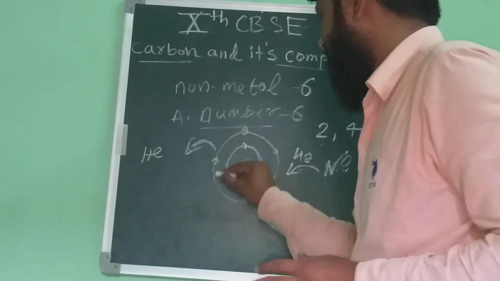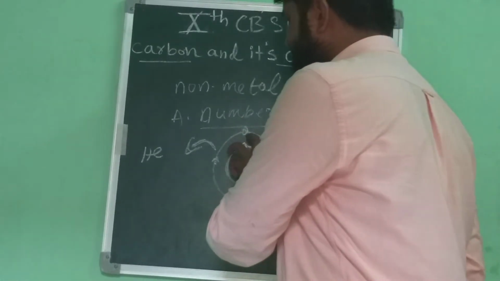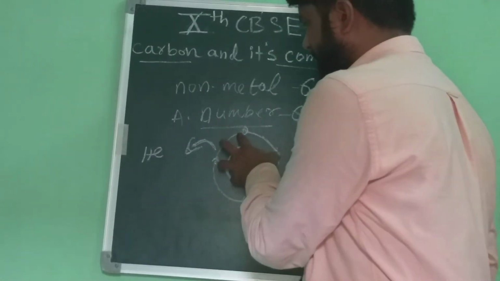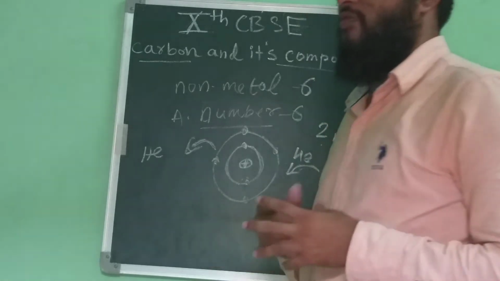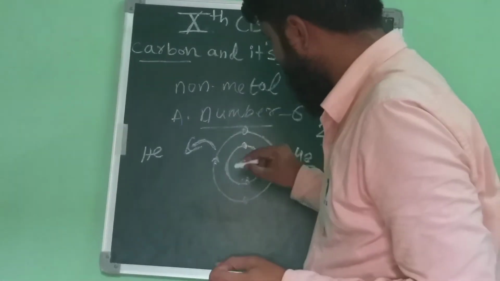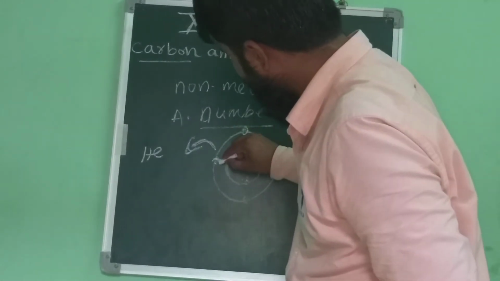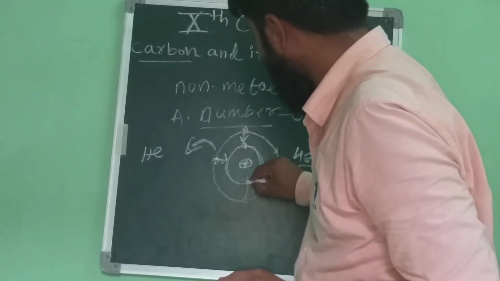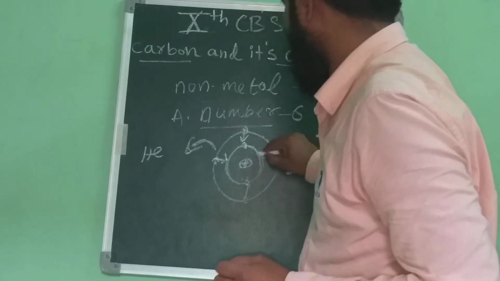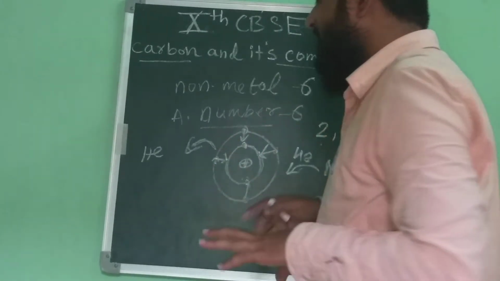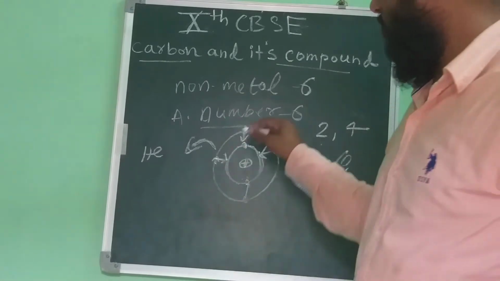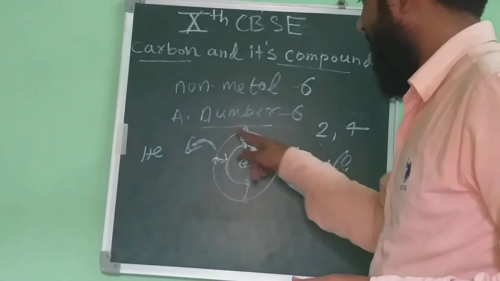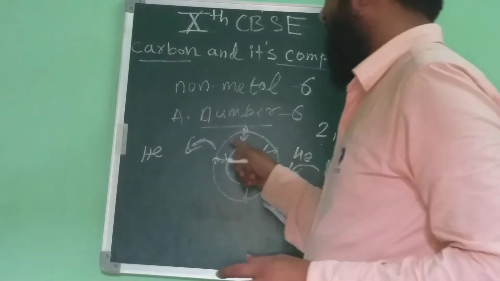Carbon has a very small atomic size, so it cannot donate these 4 electrons, as its nucleus holds them with a very tight attractive force. The nuclear attractive force is very high, so it requires a very large amount of energy to donate these 4 electrons.